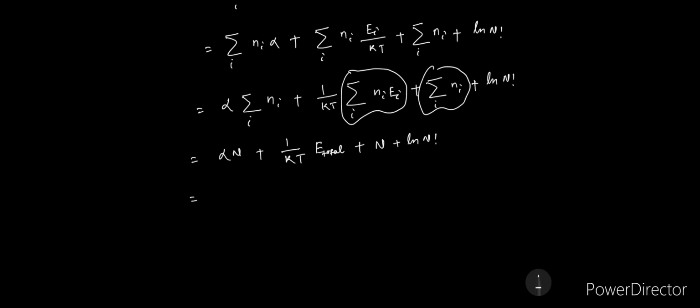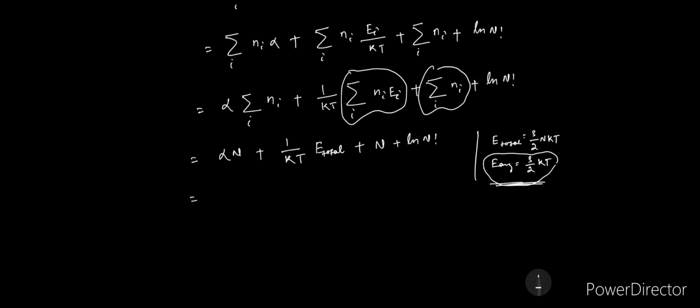According to kinetic theory of gases, we all know that the total energy of a system is given by E total is equal to 3 by 2 NkT. Average energy is given by E average is equal to 3 by 2 kT. This is also from the partition function, we will discuss it later, but the average energy is 3 by 2 kT, and the total energy we get by multiplying by N to the average energy.